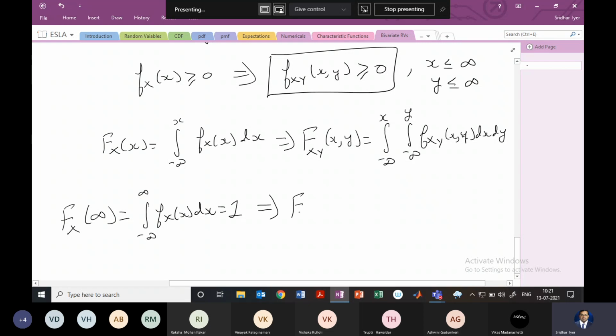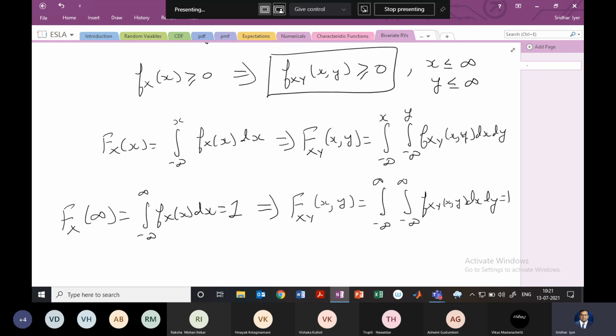Extending this to the bivariate case, you integrate x from negative to positive infinity and y from negative to positive infinity of fxy of x comma y dx dy, and this is equal to 1. That is, the total volume under a bivariate PDF is always going to be 1. This is a very, very important property, and we are always going to be using it in the numericals.